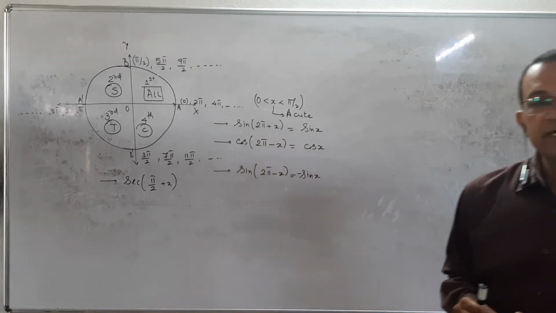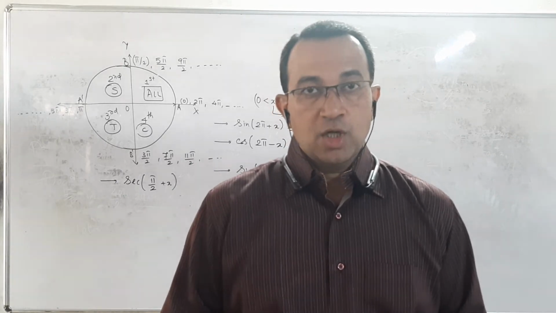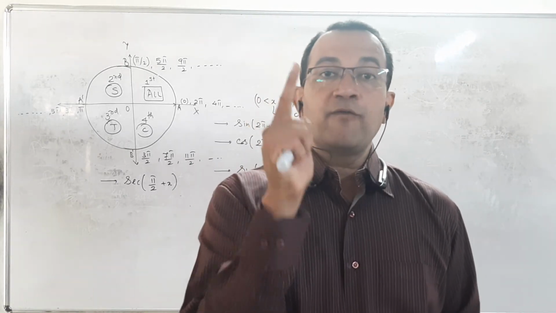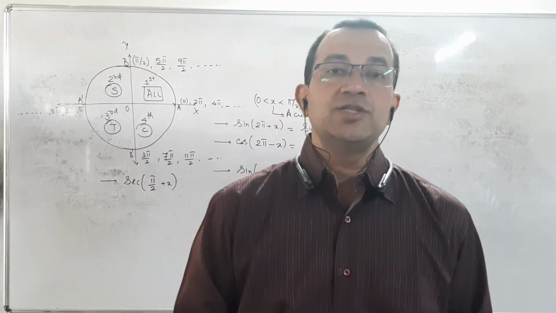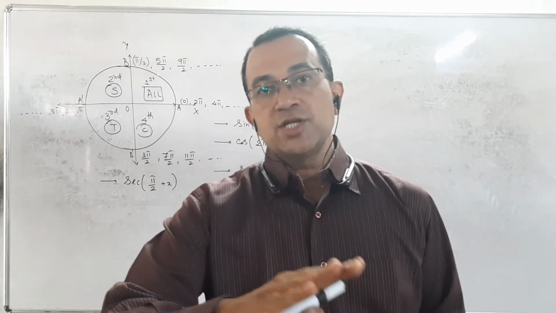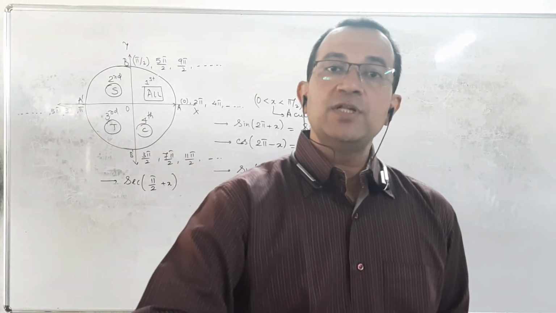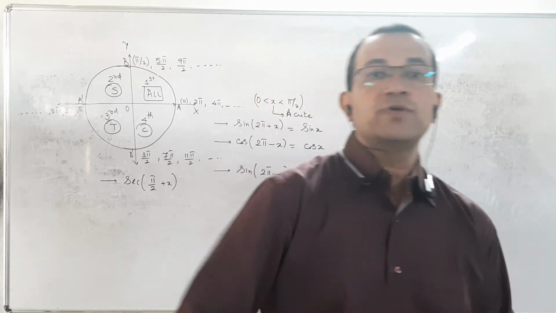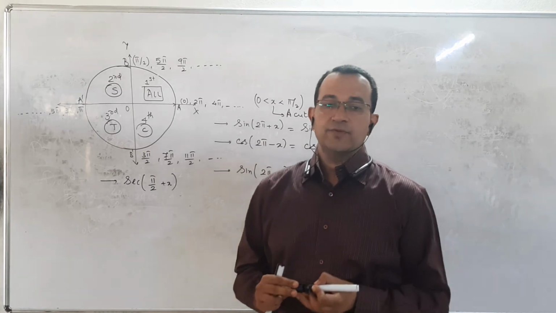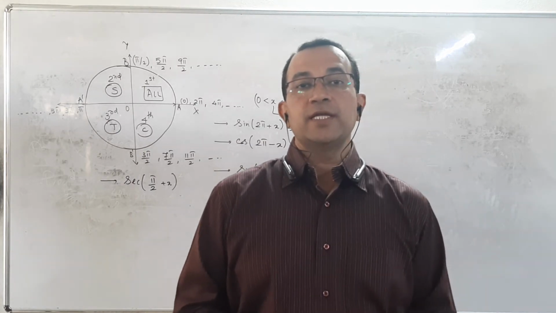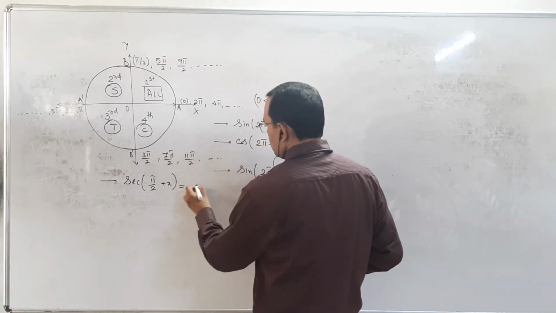Now remember, whenever it is an odd multiple of pi by 2, sec will change to cosec and cosec will change to sec. Sin will change to cos, cos will change to sin. Tan will change to cot and cot will change to tan. This, students, we have to understand very carefully.